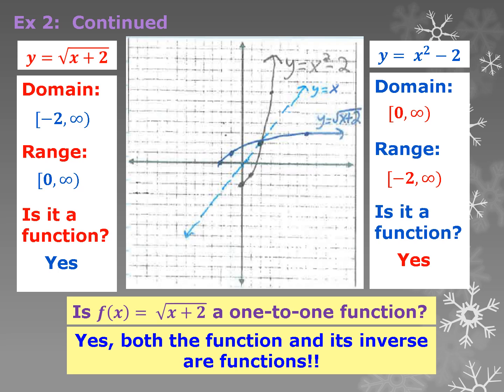If we start with a square root function, our inverse is only going to be half of a parabola because of the restricted domain. So keep that in mind when you're forming your inverses. That's why we say just flip-flop the table to graph the inverse.